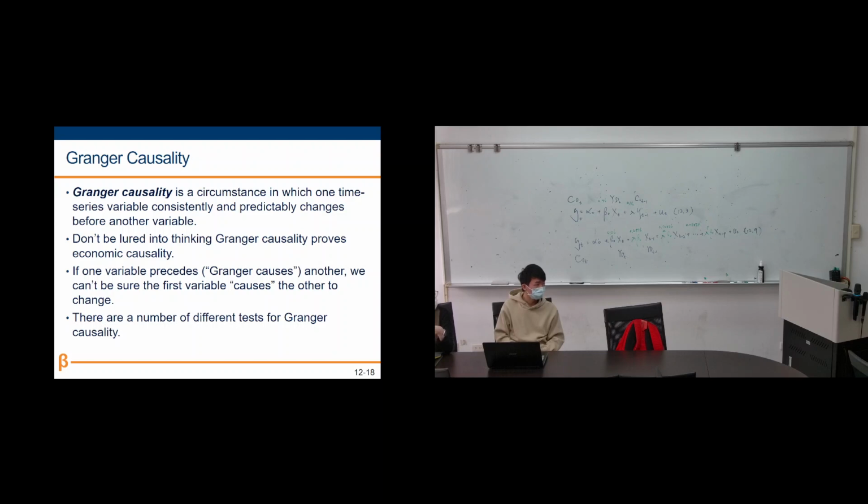In other words, if I use a and b variables instead of x and y: if b is what we call the y variable and a is what we call the x variable, and we can show a variable, which usually contains many lags, always happens before the b variable, then we say a Granger causes b. You see what I'm saying here? So this is what we call Granger causality.